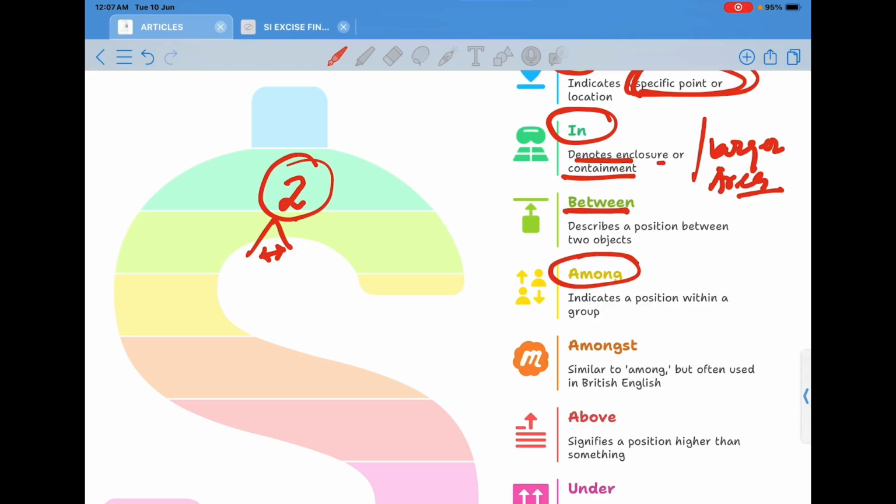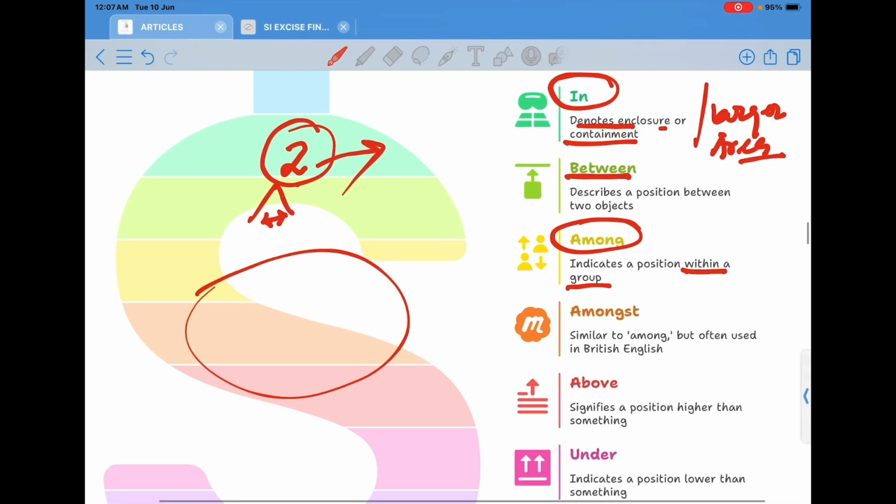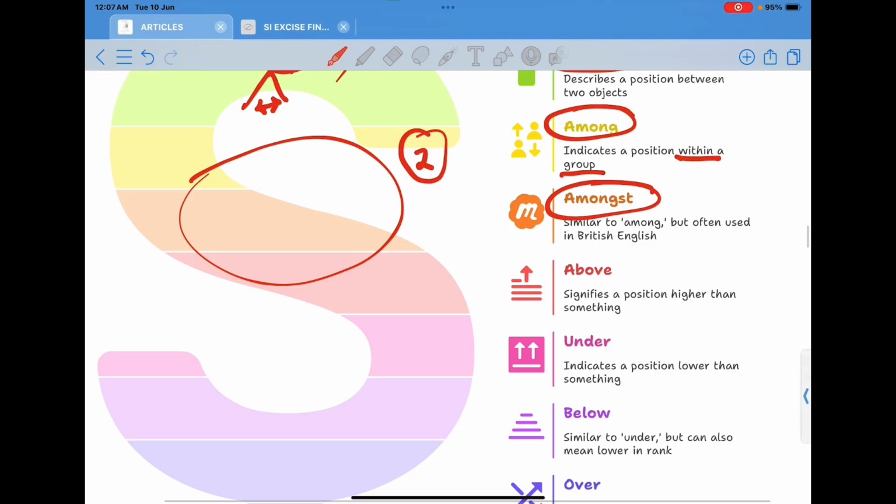So among is used when we will be talking about many. It indicates a position within a group. So there the number is more than 2. For example, divide the sweets among 3 boys. But when it is reduced to 2, in that situation you will use between. Next, amongst. Among for a group of things.